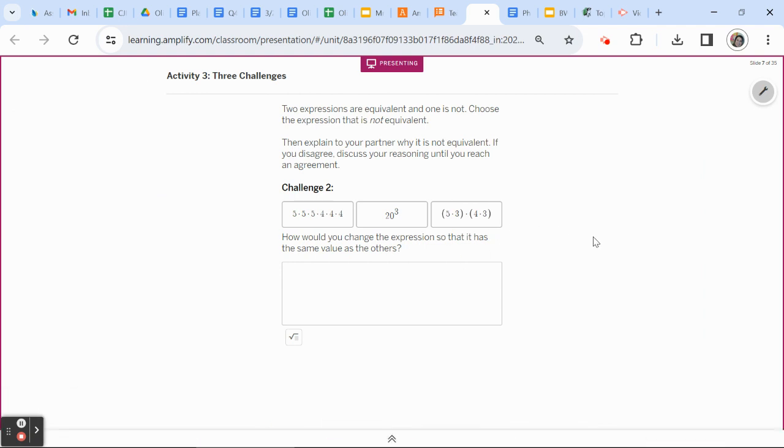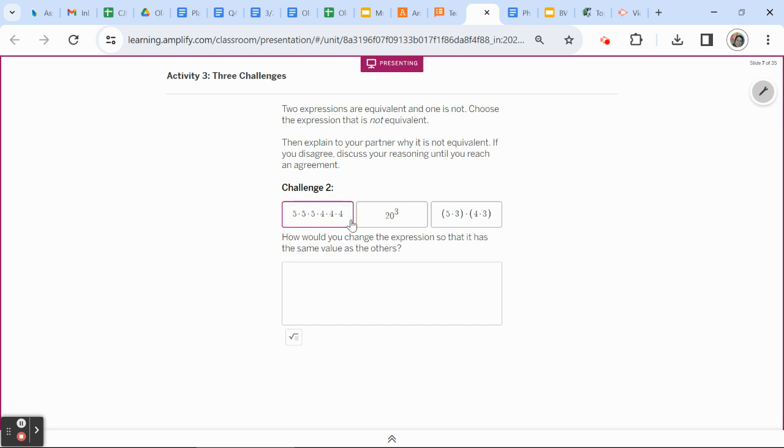Which one do you think does not belong? Now this one, we haven't really talked about the rules that really go with it.